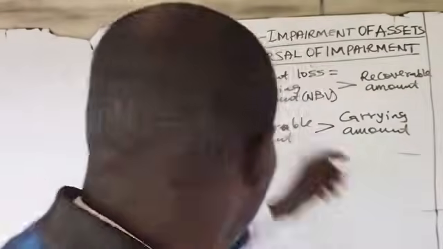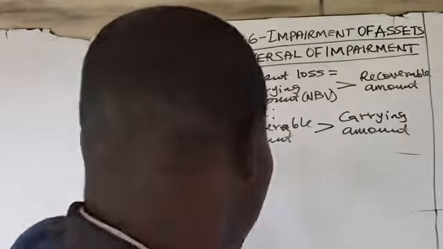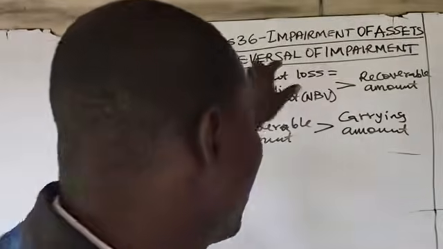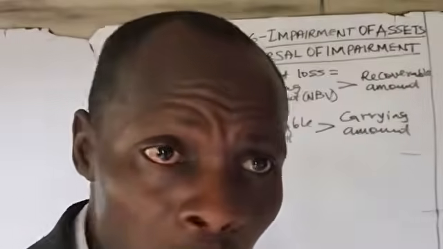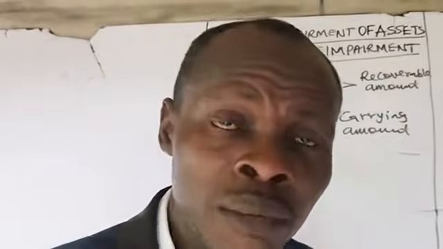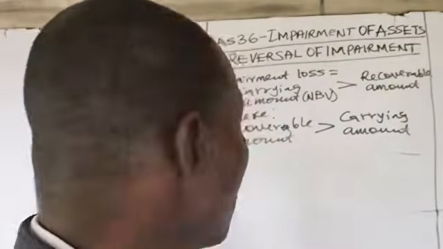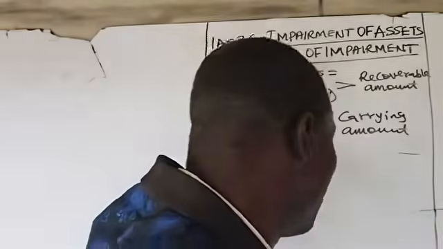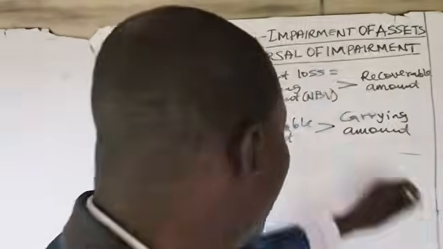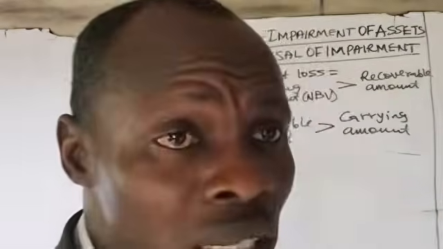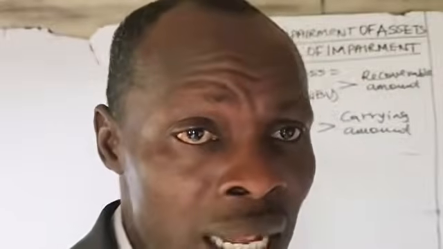Remember, when the impairment loss was recognized initially, because the carrying amount of the asset was greater than the recoverable amount, the double entry is to debit the profit or loss and credit the asset. That was the double entry that was passed earlier.